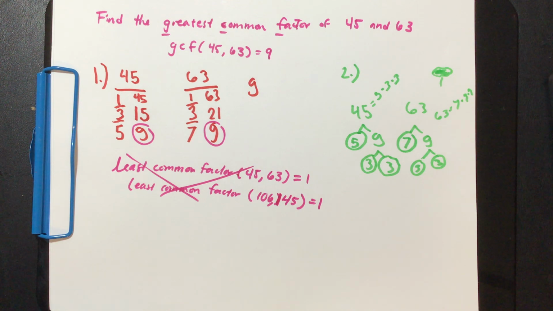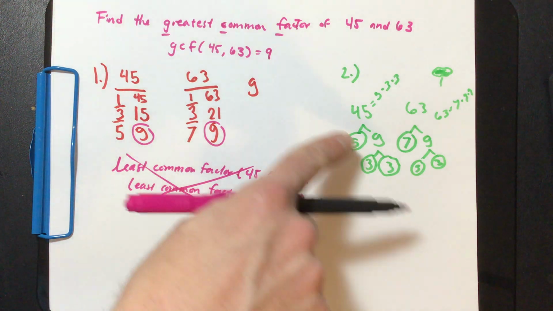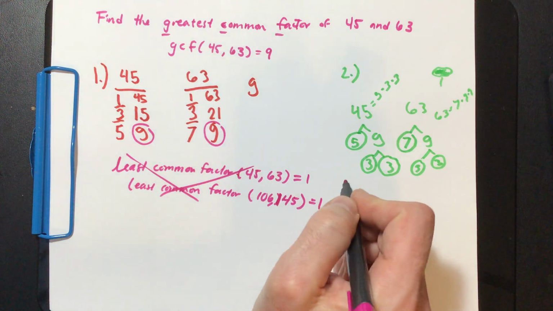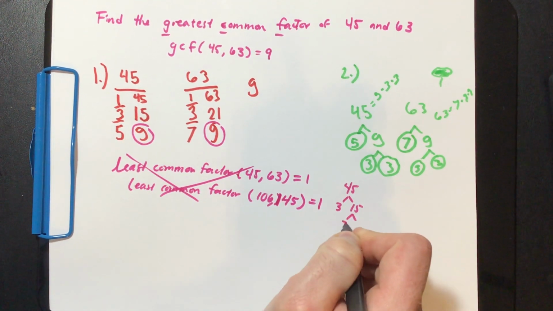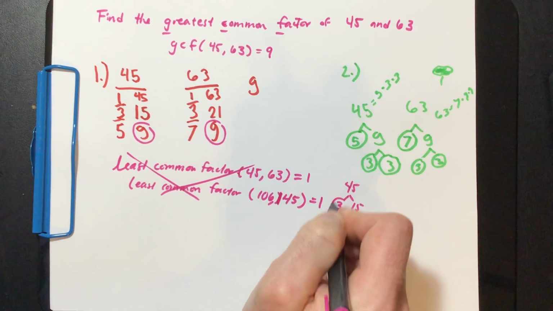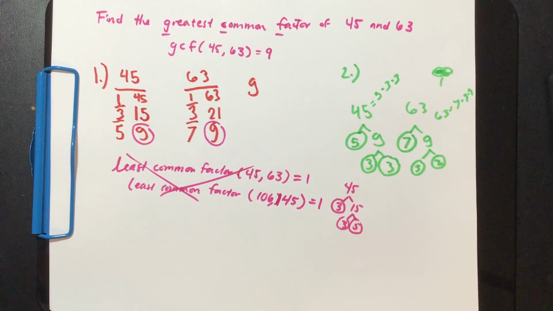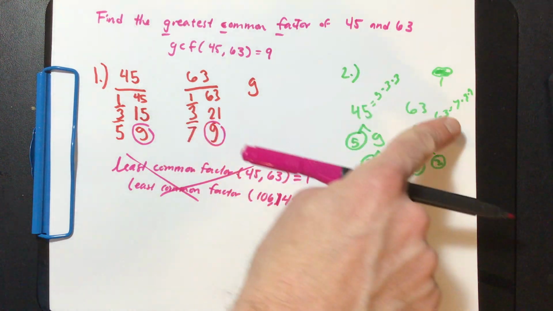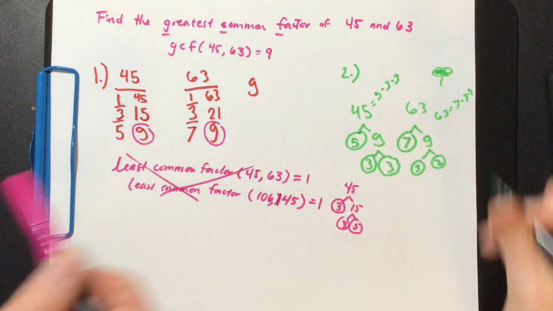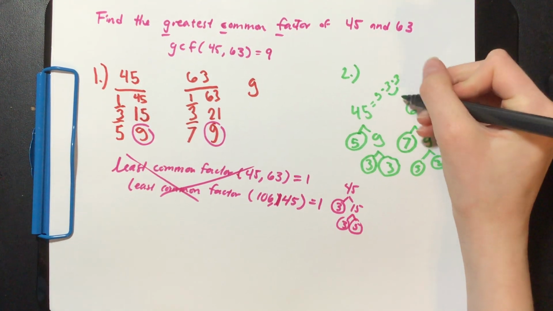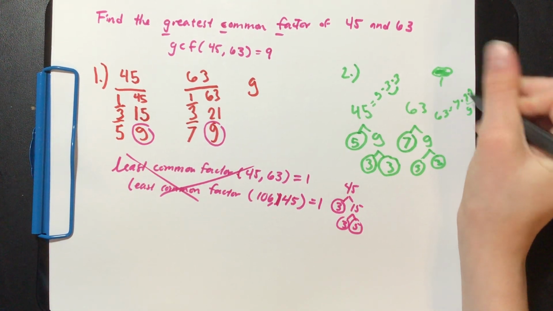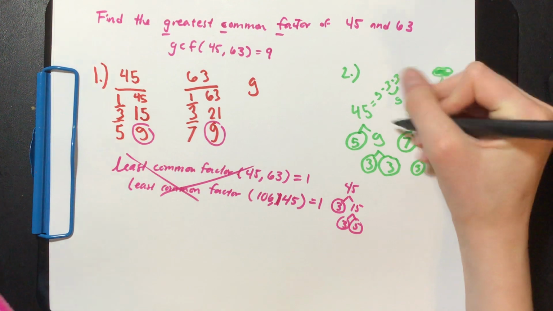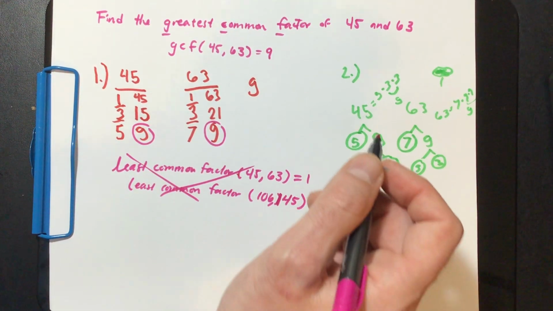Not necessarily the one farthest up the tree, because we could make a factor tree without even having a 9 in there. Like we could say 45 is 3 times 15, and then I don't even get 9 in there. So let's look at those prime factorizations that you wrote. 5 times 3 times 3. It looks like you're writing G's there.